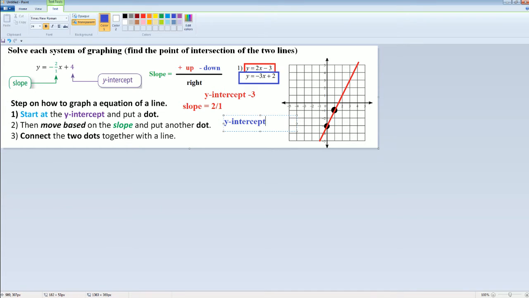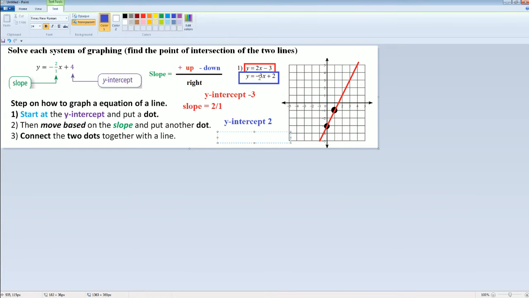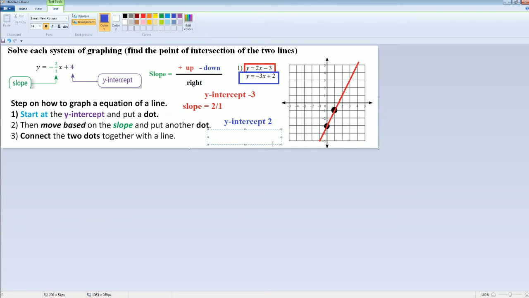The slope, remember, is the number in front of the variable. Be careful, you see that negative? So it's -3 divided by 1, because again, it has to be in fraction form. So that is your slope.